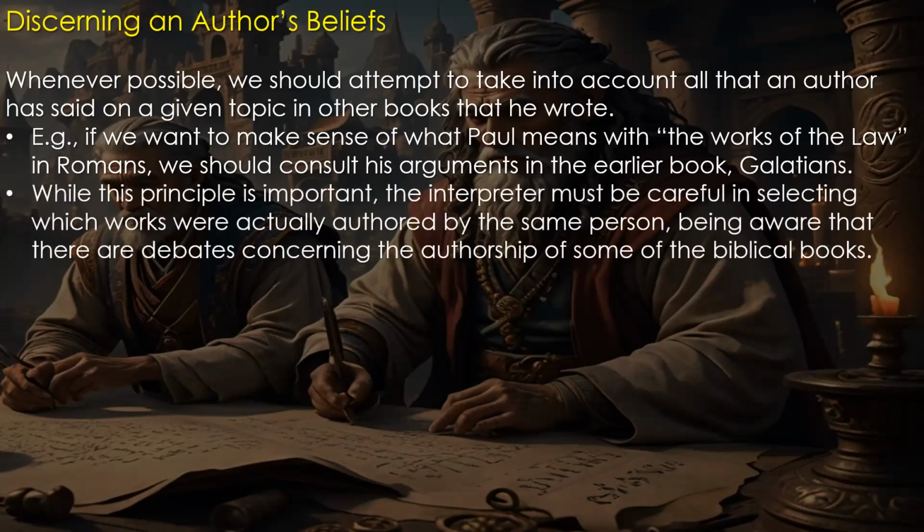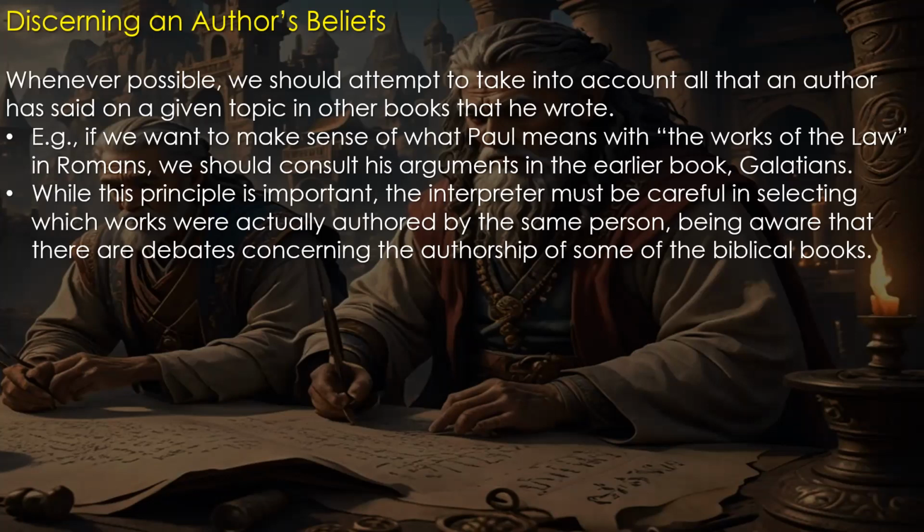All right. While this principle is important, the interpreter must be careful in selecting which works were actually authored by the same person, being aware that there are debates concerning the authorship of some of the biblical books. Here's a popular example. It's popularly thought that the first 5 books of the Bible were all written by Moses.